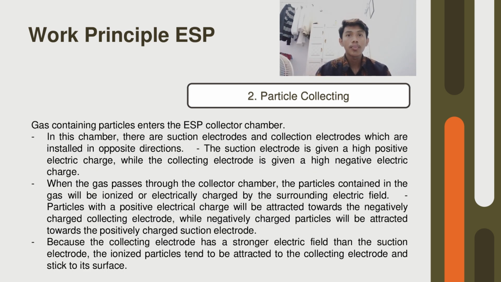Gas containing particles enters the ESP collector chamber. In this chamber, there are suction electrodes and collection electrodes installed in opposite directions. The suction electrode is given a high positive electric charge, while the collecting electrode is given a high negative electric charge.